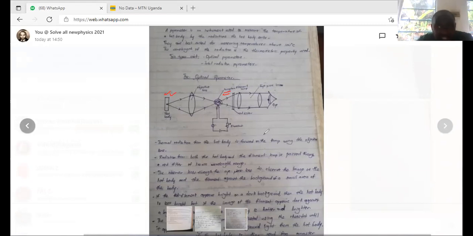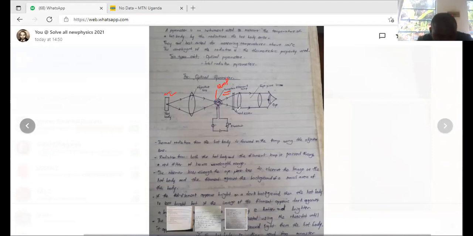So if that is the illustration of the optical pyrometer, this is how it works. Thermal radiation from a hot body is focused on the lamp using the objective lens. So the lamp is this one, a filament lamp. Radiation from both the hot body and the filament lamp is passed through a red filter at a known wavelength.